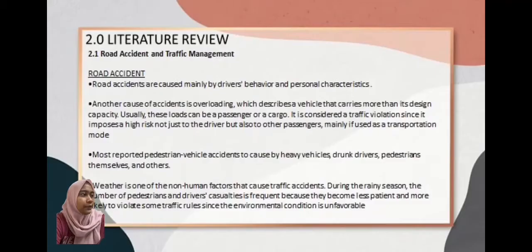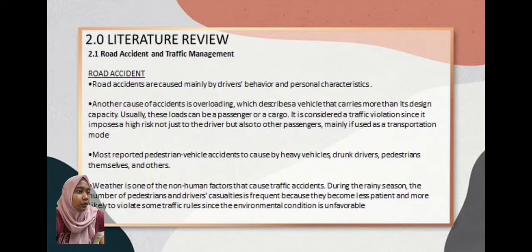Next, I will explain 2.0 literature review. 2.1 Road accident and traffic management. First, road accidents are caused mainly by driver behavior and personal characteristics. Second, another cause of accidents is overloading, which describes a vehicle that carries more than its design capacity.